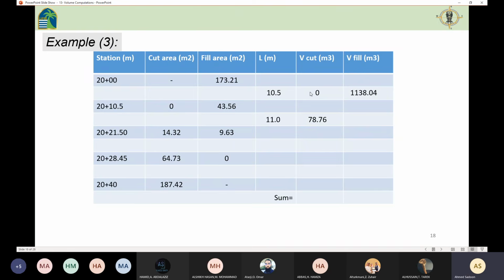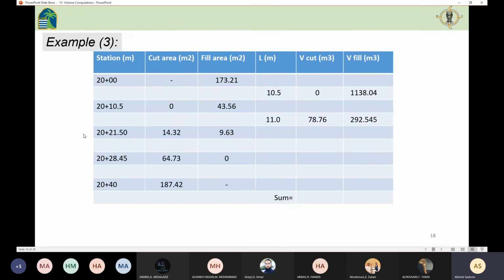And here we are going to have the volume for the cut. Regarding the volume for fill, it's going to be this one plus that one over 2 times the value of L, which is going to give me the volume for fill. So between these stations, we have transition stations. We have a part that needs to be cut and a part that needs to be filled.